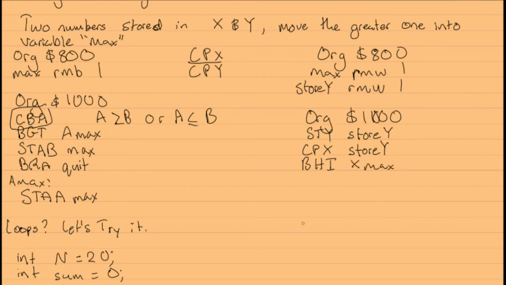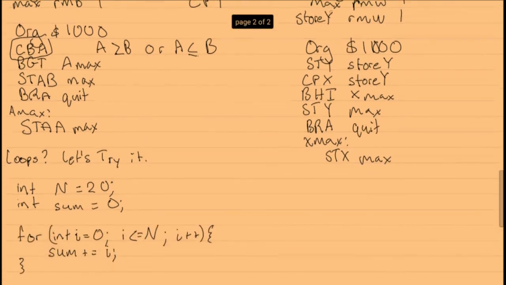Now X max is down here, and it's just going to store X into our max, and then here we need to store Y into max if X is not greater than Y, and here we're going to branch into quit. And here I'll actually write down quit because I have room. So here is our quit label, and all it does is end the program.